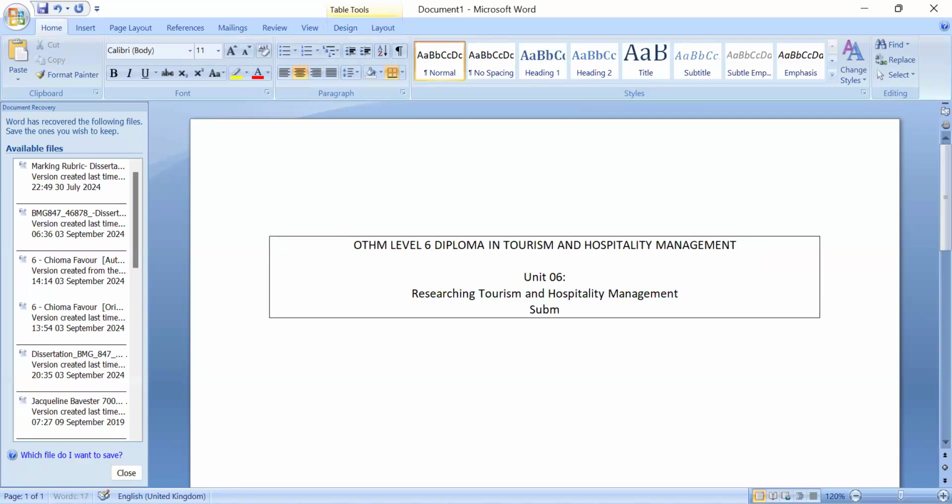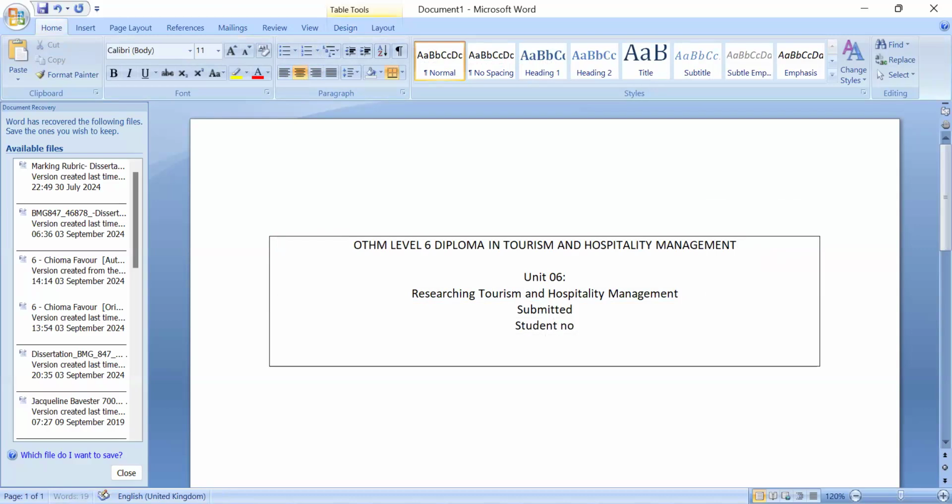Then we fill in submitted by, and the student number, and tourism management.